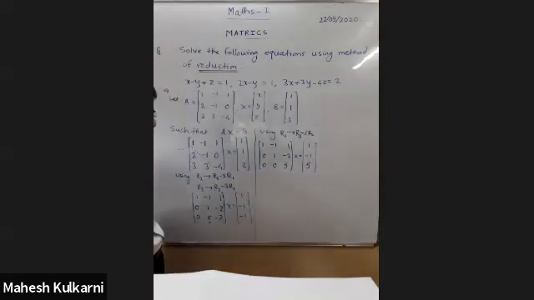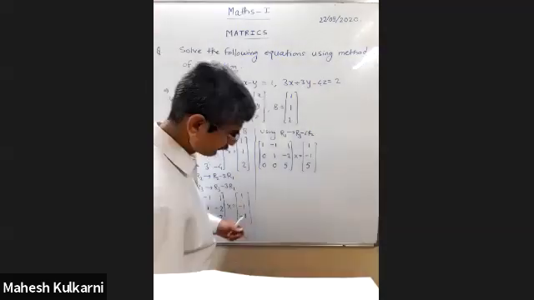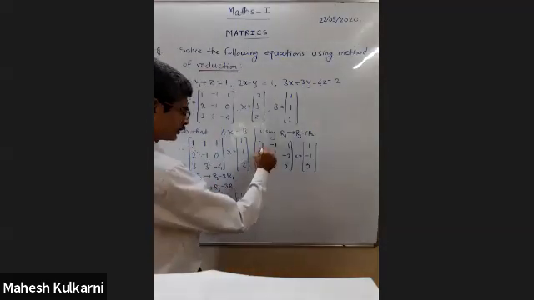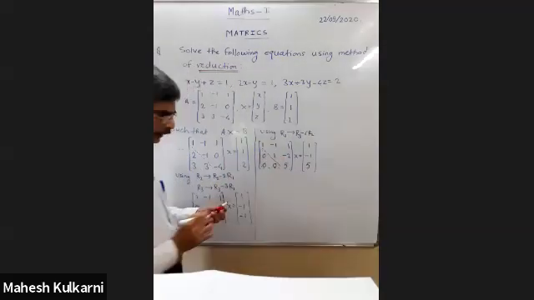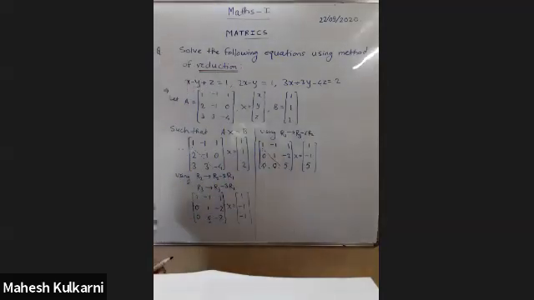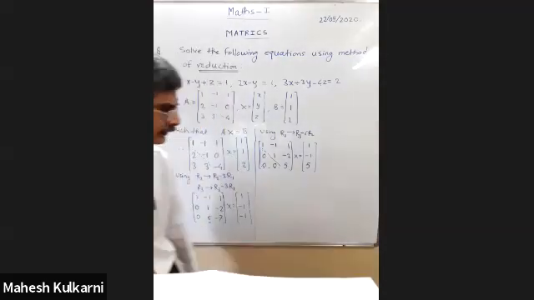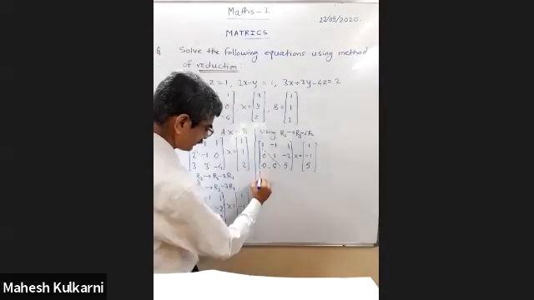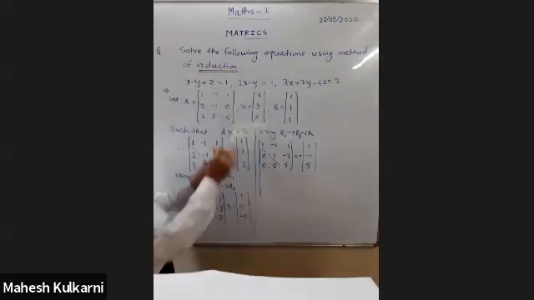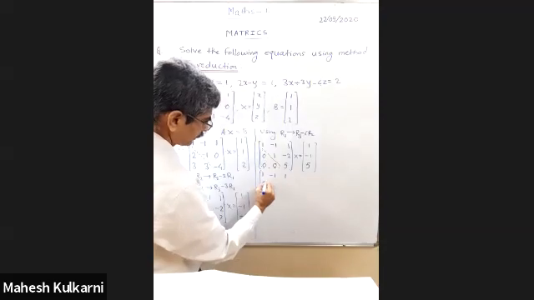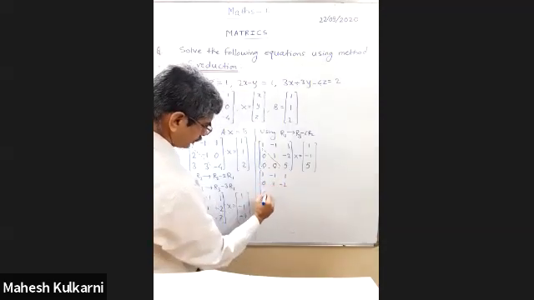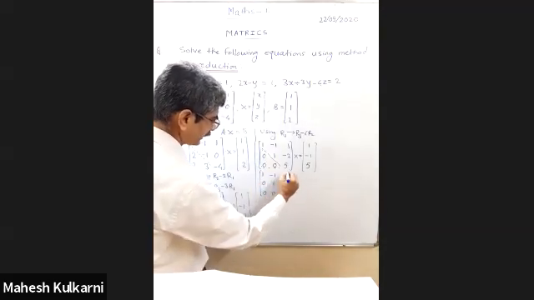Now see, the elements below the diagonal are 0. With this, it is an upper triangular matrix. And why convert this to an upper triangular matrix? When we write this matrix equation again in algebraic form, see this: 0 1 minus 2, 0 0 5 as it is.